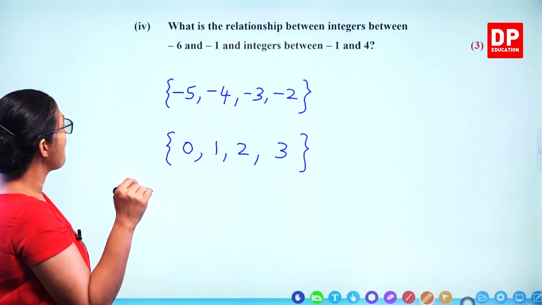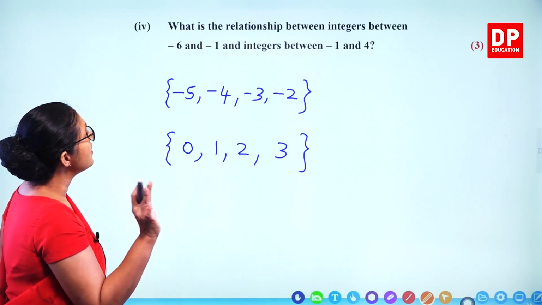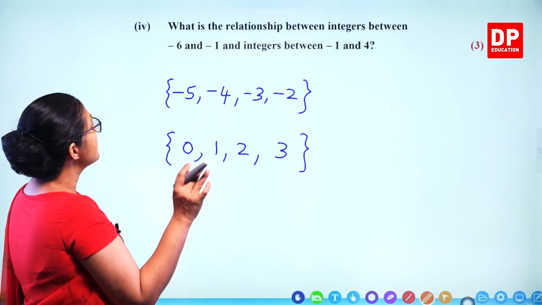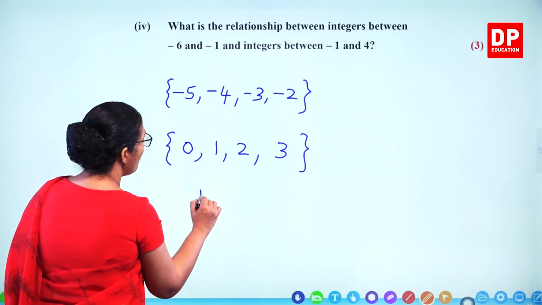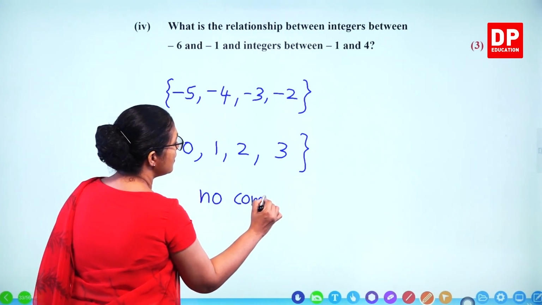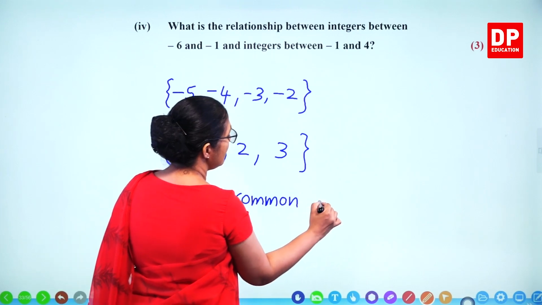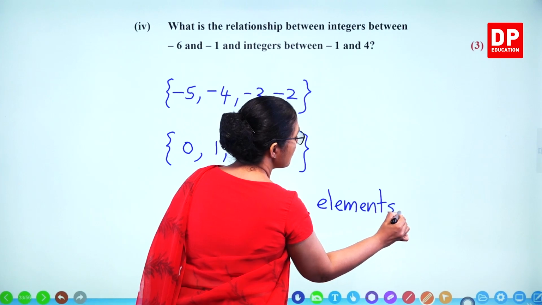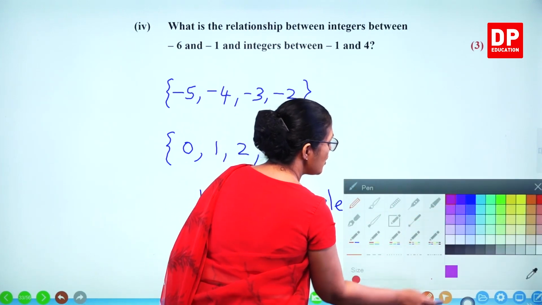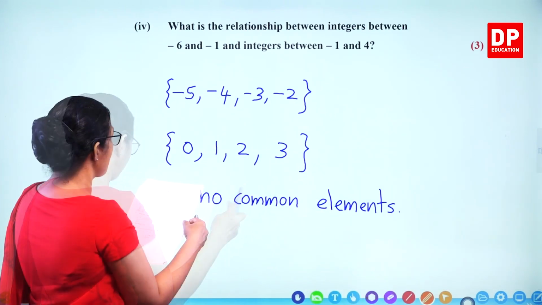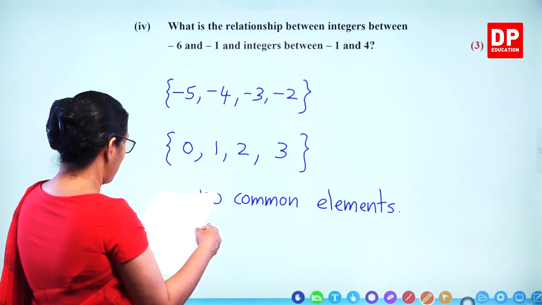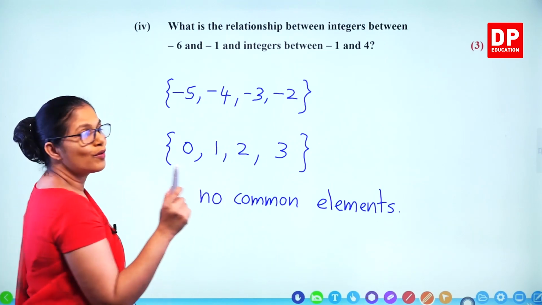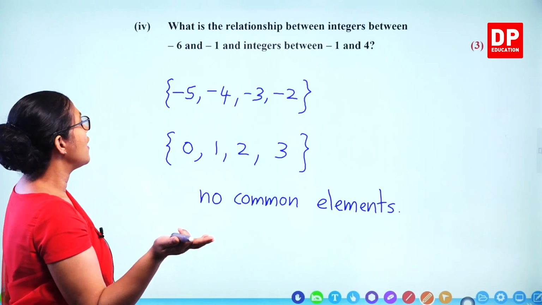What can you say? The elements are not the same. Totally different. So you can say no common elements or outcomes. So no common integers for both. And also what can you say? 1, 2, 3, 4, 1, 2, 3, 4. Number of elements are equal.